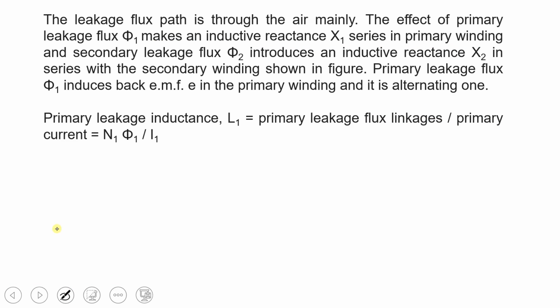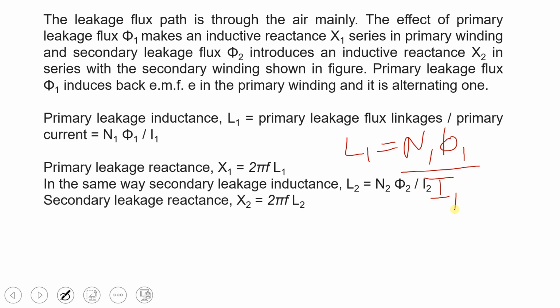Then the primary leakage inductance L1. Here is the formula for finding it: L1 is equal to N1 times phi 1, the primary leakage flux, upon I1. Then primary leakage reactance X1 is given by 2 pi f L1, where the L1 value we take from here.